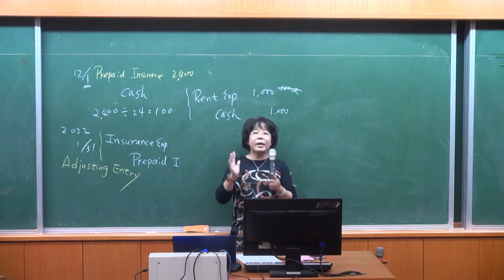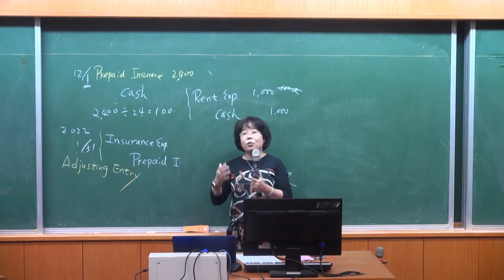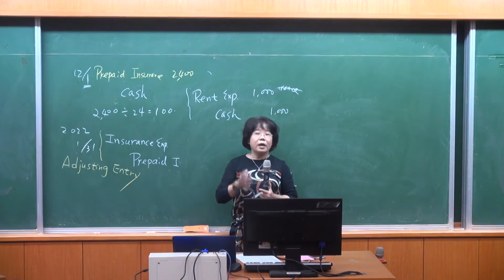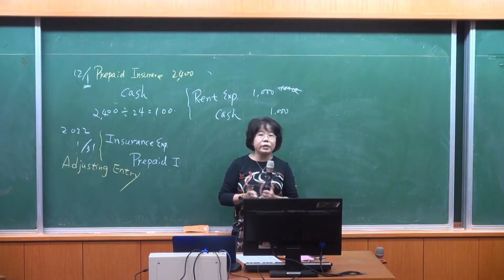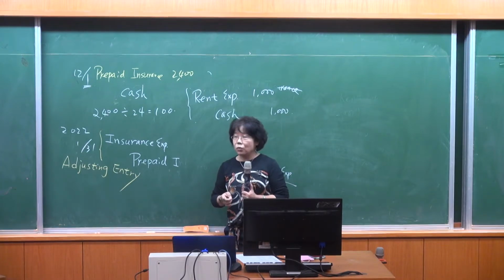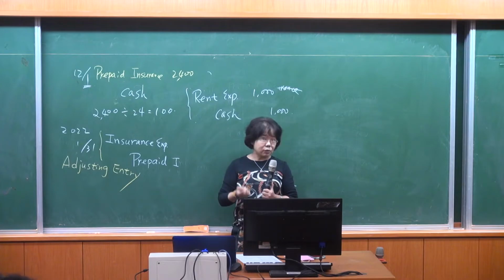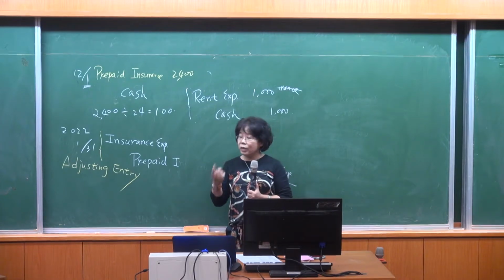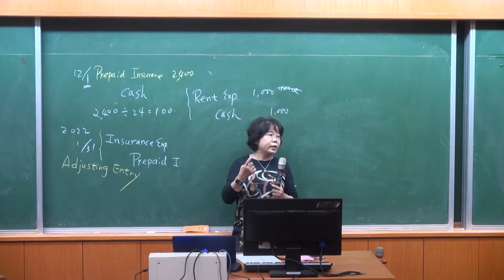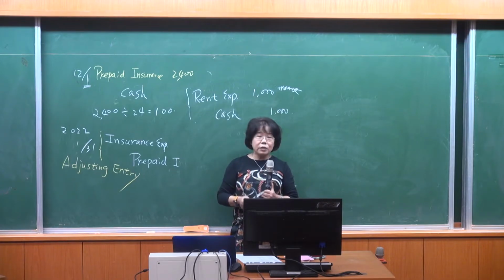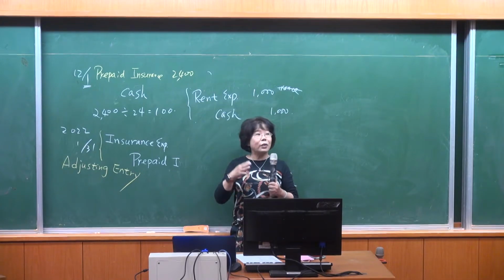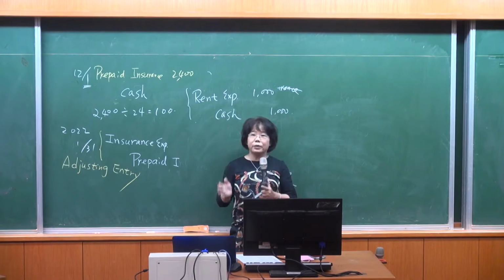So we say that matching principle usually means match revenue with the expenses. So that's why we say matching principle. As long as you create revenue, or as long as you create sales, then definitely you need to recognize the relevant expenses during that period.